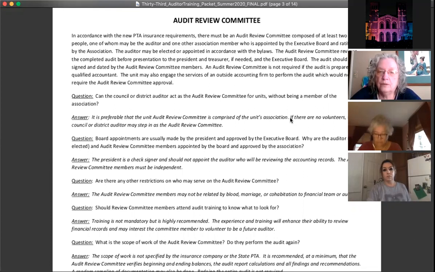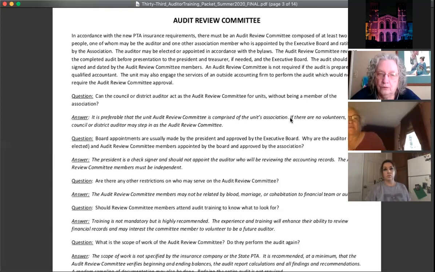So if you have a person that will volunteer, or you yourself are a CPA or have auditing experience as an accountant, then that work experience can count toward a qualified accountant, and you won't need an audit review committee.